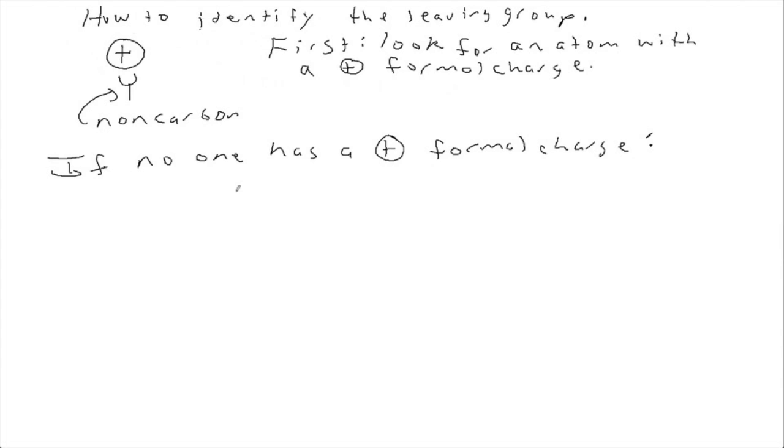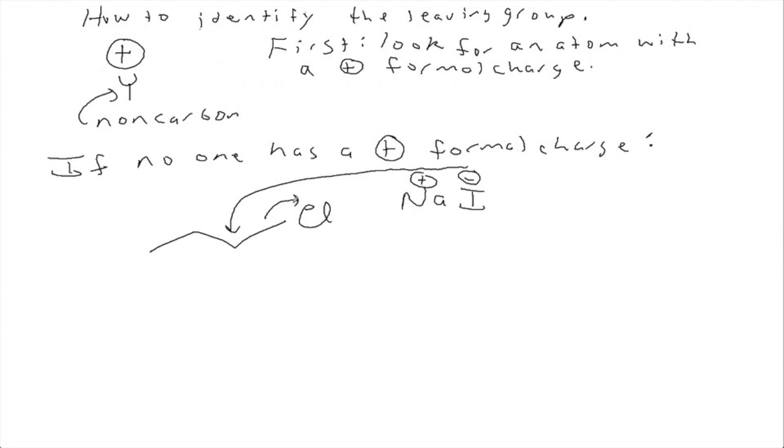Maybe chlorine. Yeah, that's right. I don't remember how well you remember these reactions, but this is a normal SN2 reaction from the first semester. And what role is the chlorine playing? A leaving group. That's right.